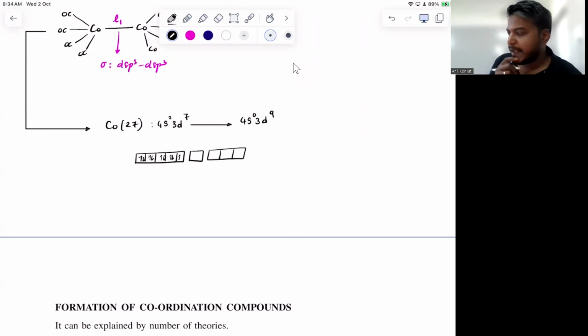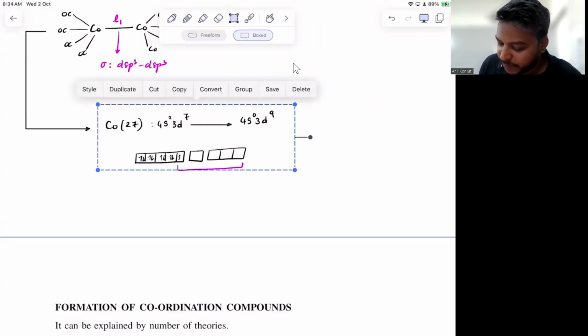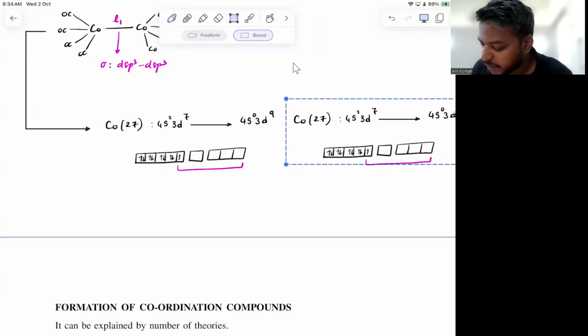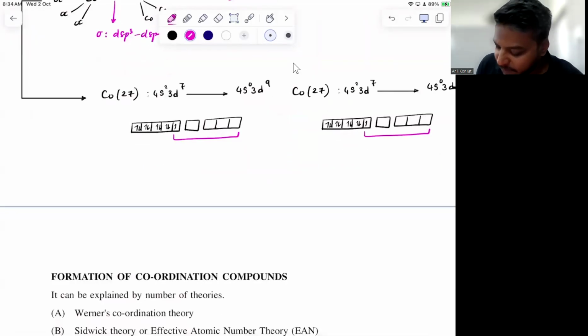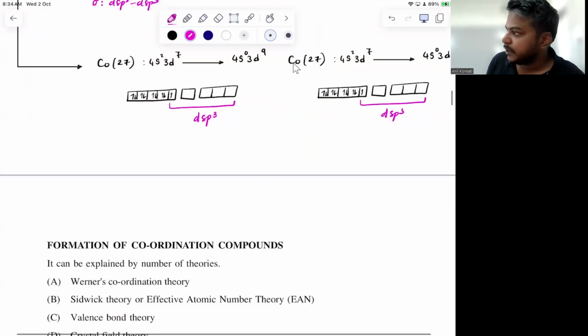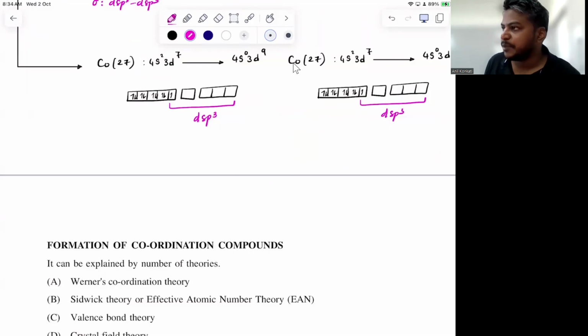Okay. Done. So now imagine mixing this one cobalt here. Let me copy the same thing again and put one more cobalt here. Done. This way. So what are we doing? We are mixing dsp3 and dsp3, correct? So when I mix dsp3, what am I supposed to get here?